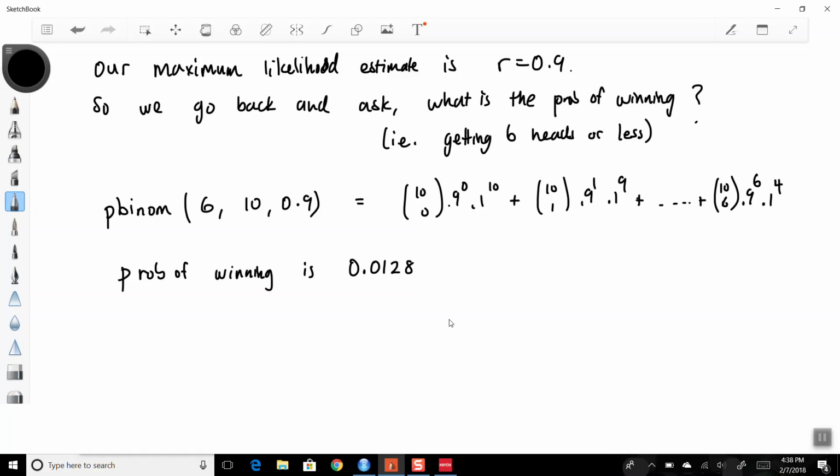I've never heard of a coin that lands heads 90% of the time. I'm not even sure if these things exist. Maybe they do, maybe they don't. In my experience, most coins land heads 50% of the time, and I suppose it's possible that you can have a tweaked coin that lands heads at a different rate. So this is the difference here.